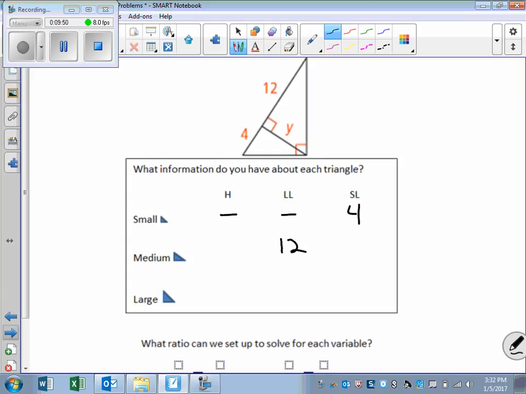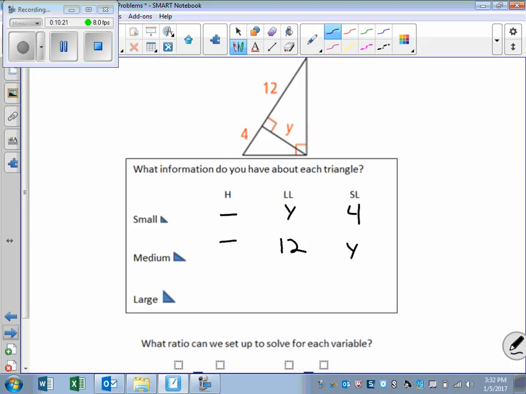We don't know anything else. Well, actually, let me go backwards. We do know something else. We know that the large leg for the small triangle is y, because it gives us a variable. So we know the small leg for the medium triangle is also y. But we don't know the hypotenuse.